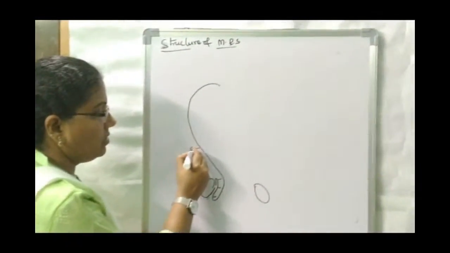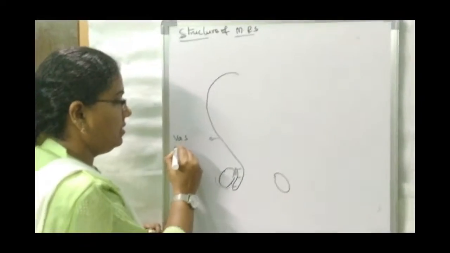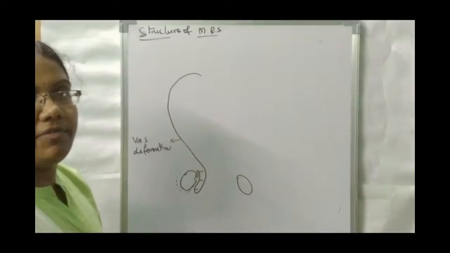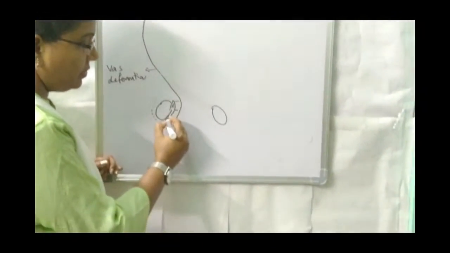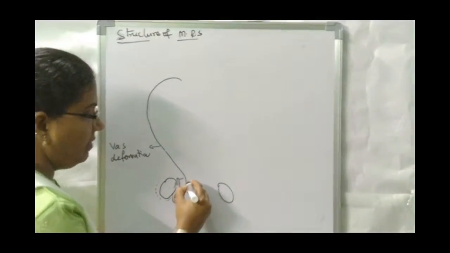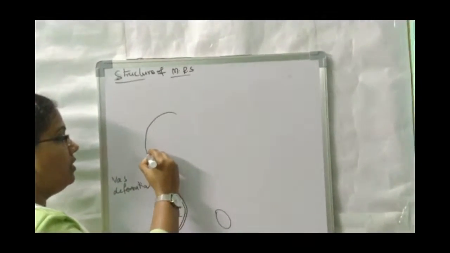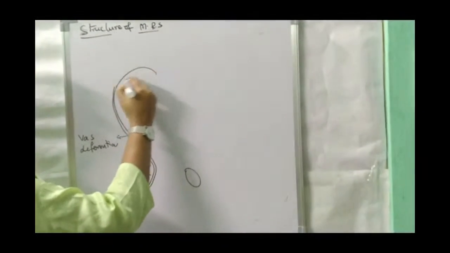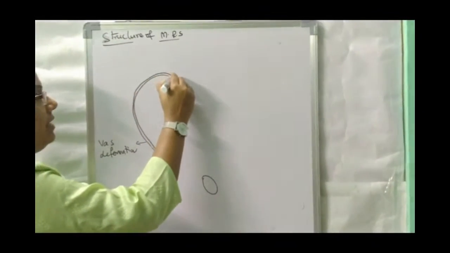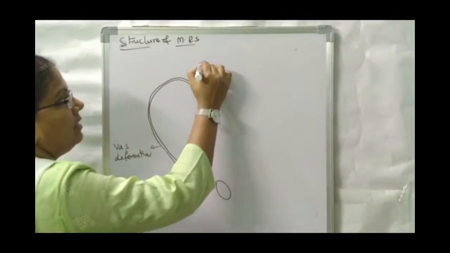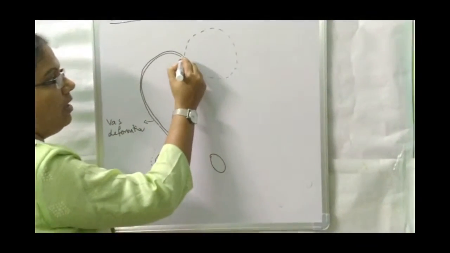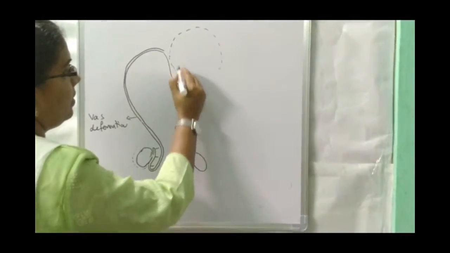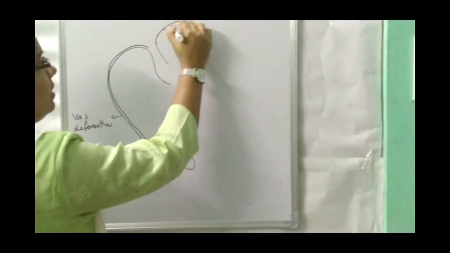The tube that moves towards the urethra is called the vas deferens. The vas deferens is connected to the urinary bladder. Here, this is the urinary bladder.